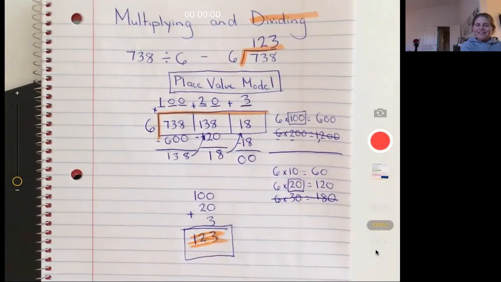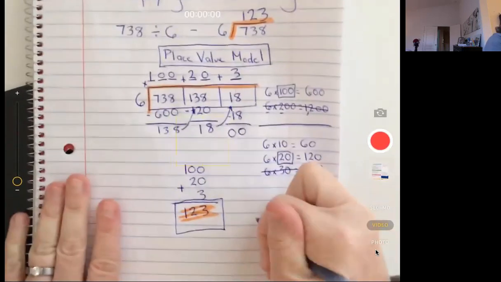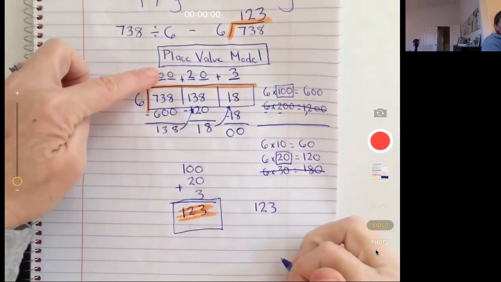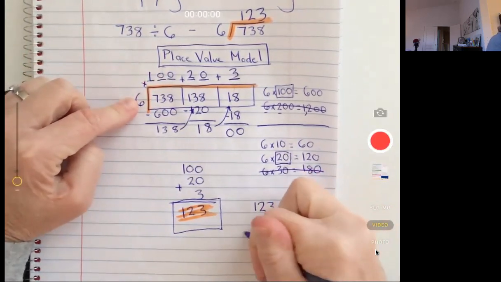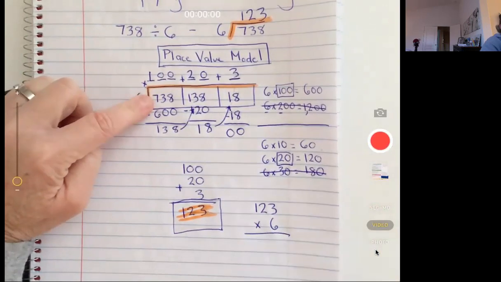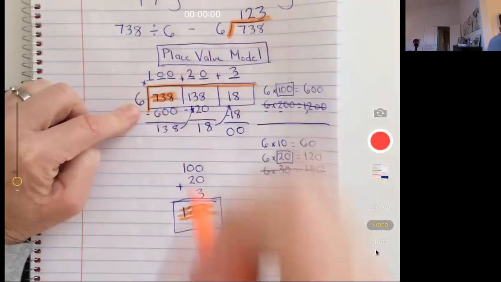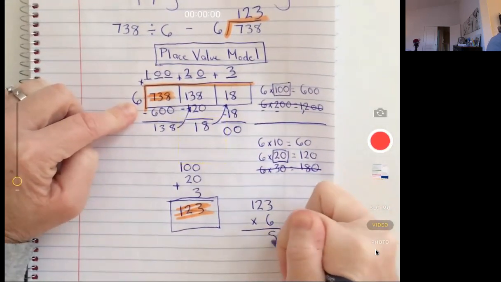Sound good? All right. The way I can check is I can take my 2 factors. So I can take 123, because that's what it is, the factor on the top, times 6. And if it all checks out, I should get that inside number, the quotient. That's the quotient. Let's see. 6 times 3 is 18.